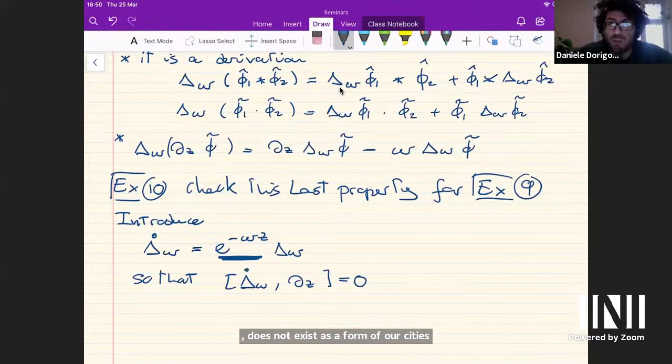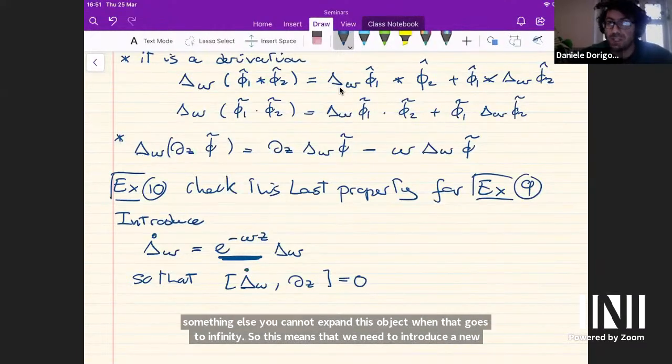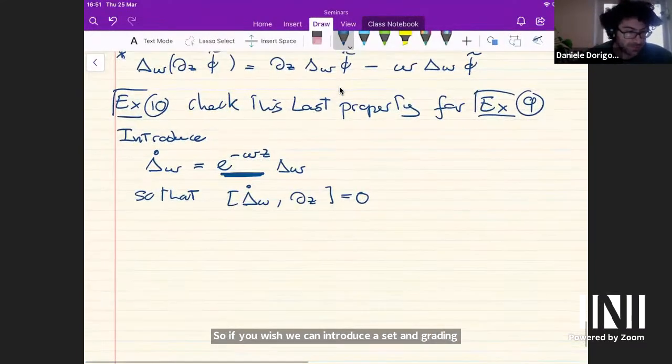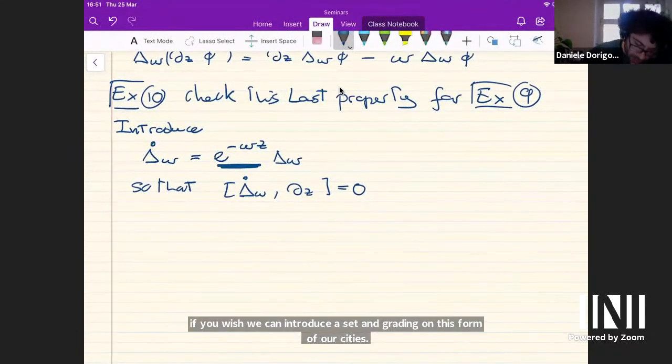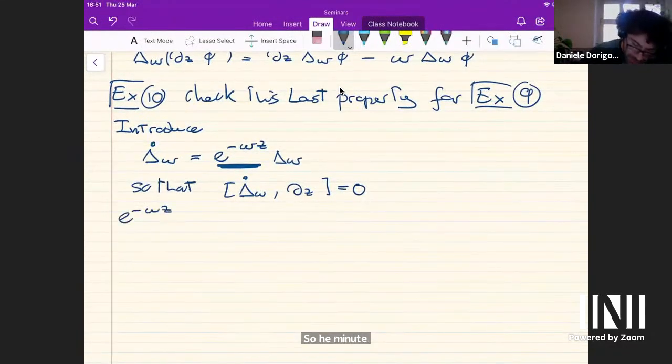You cannot expand this object when z goes to infinity. So this means that we need to introduce a new object in our formal power series. If you wish, we can introduce a certain grading on this formal power series. So e to the minus omega z, new symbol.